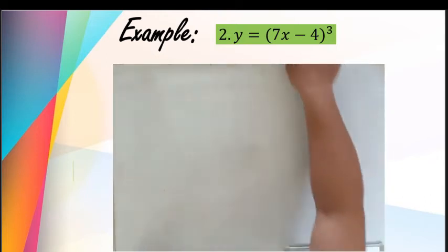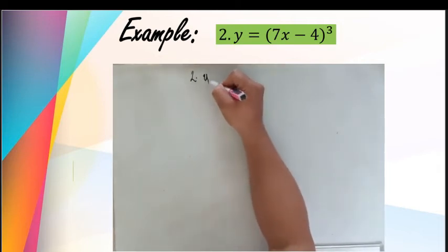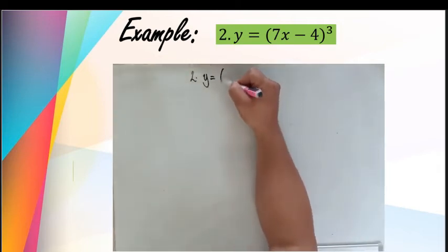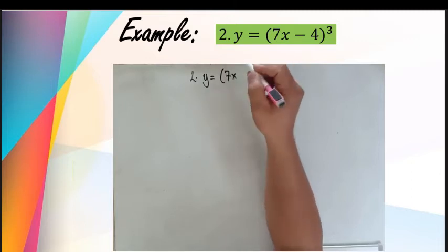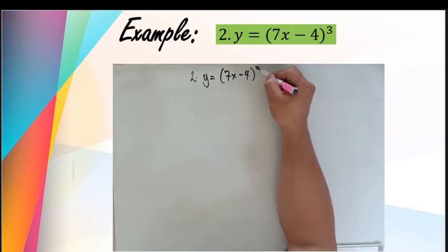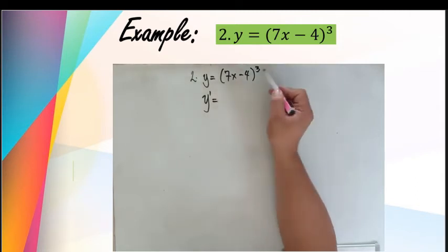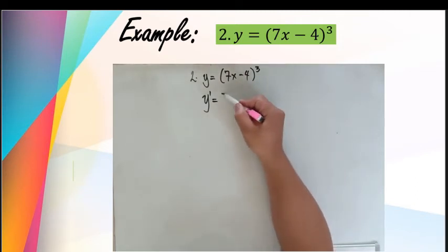Now let's proceed to the second example. The second example is y is equal to the quantity of 7x minus 4 raised to the third power. In the same manner, we need to get the derivative of the outer function. Let's put that 3 down.